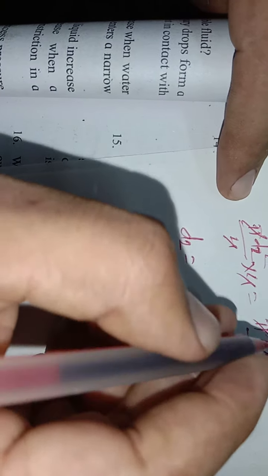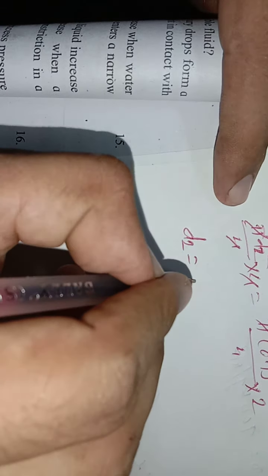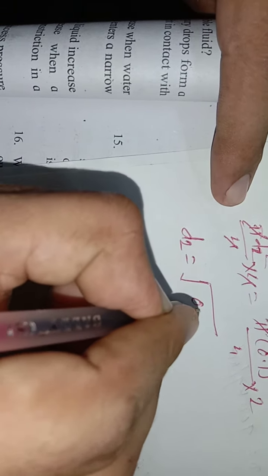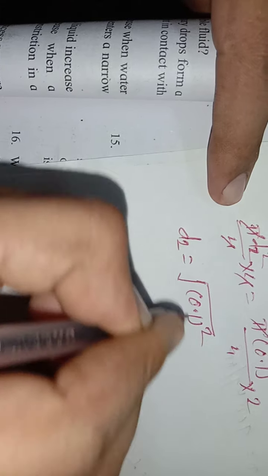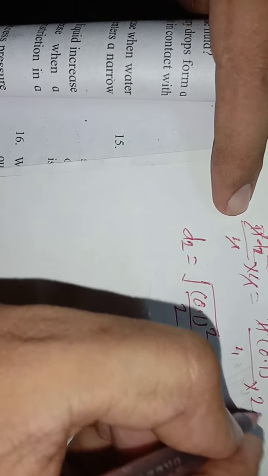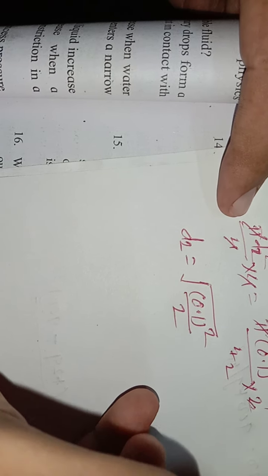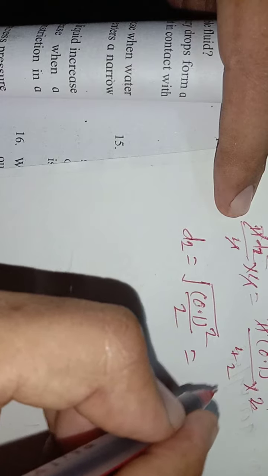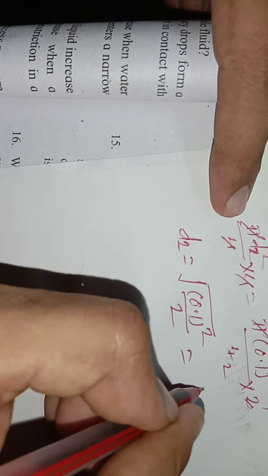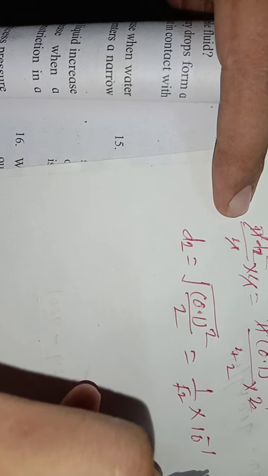What is remaining there? So d2 is equal to under root (0.1) square divided by 2, this 4 remains 2, so we get 1 upon root 2 into 10 raised to minus 1.